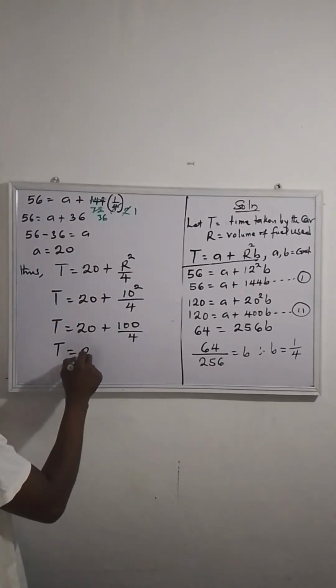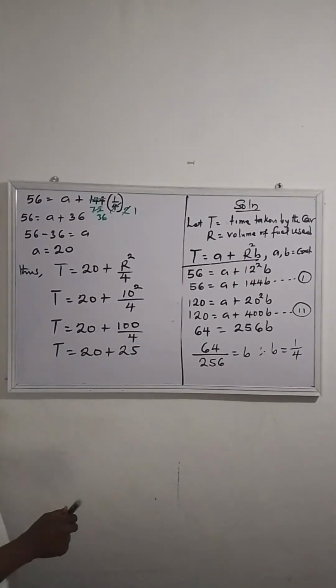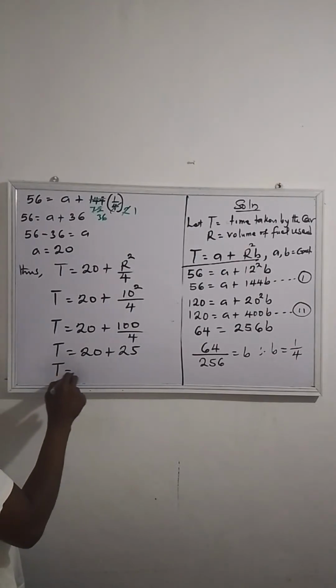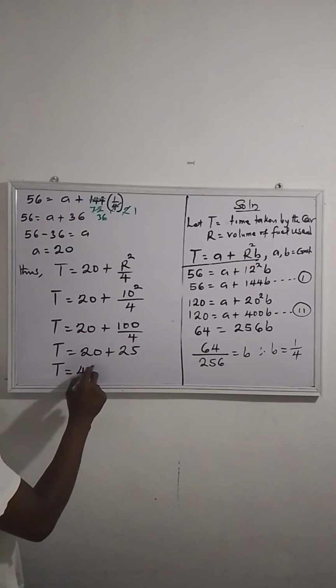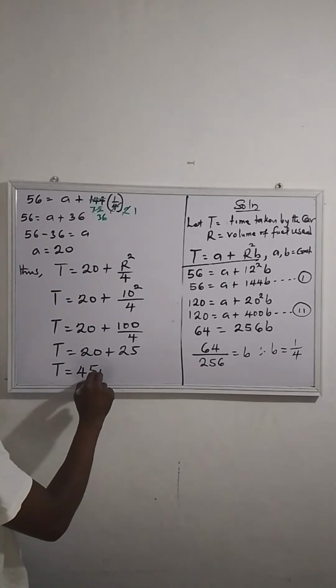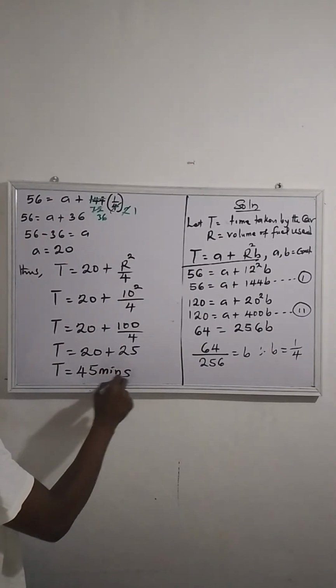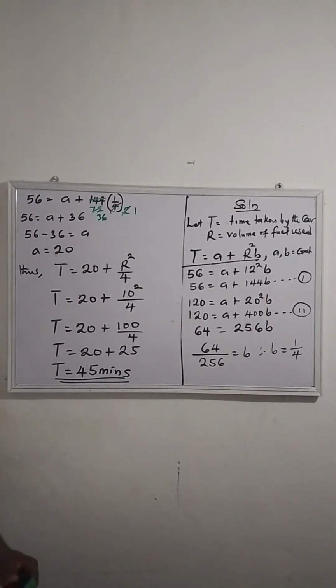So t will be 20 plus 25. When you add these together, you have 45. 45 what? Minutes. So that is the answer to the problem.